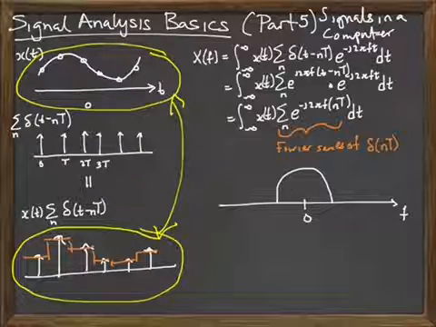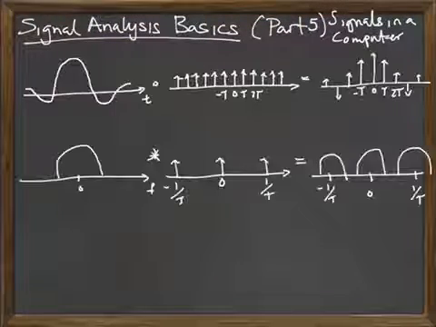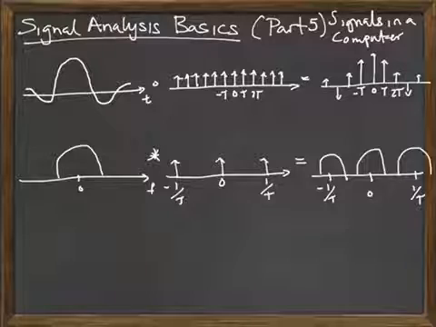So moving forward, if we take an original signal in real life, like this one over here to the top left, and we multiply it by an impulse train, then what we get out is impulses that show what the signal looks like broken up into bits.